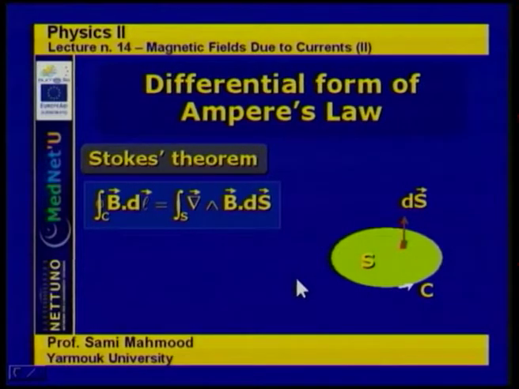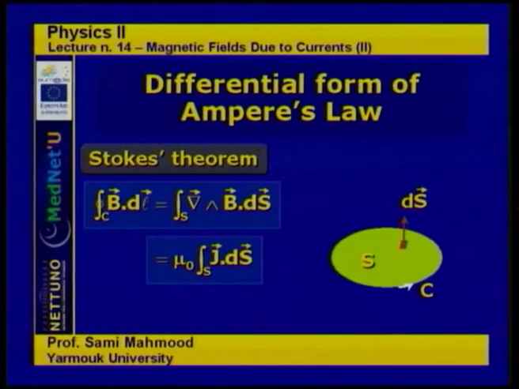And now, if we use Ampere's law and recall that B dot dl integrated over C is simply mu naught I, and we remember that I is the current enclosed inside the Amperian path.